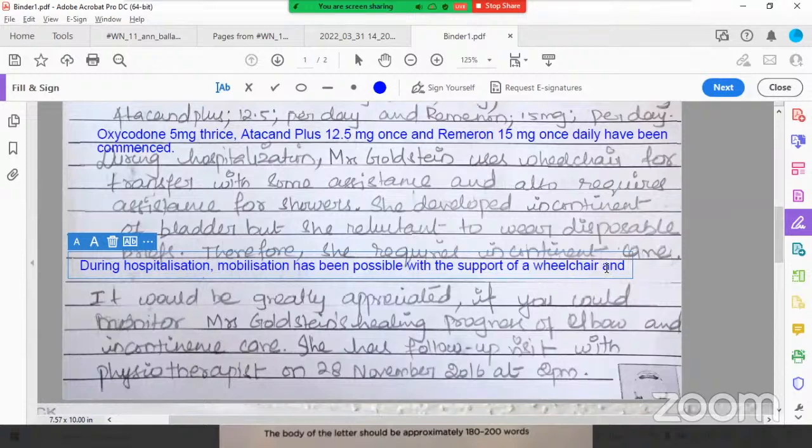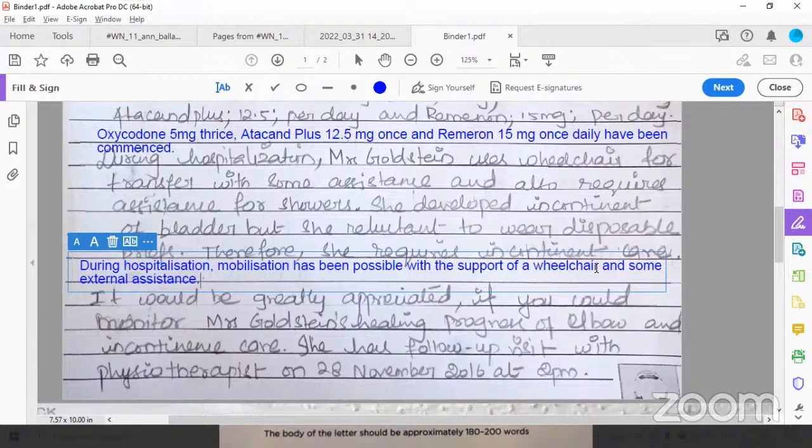Okay, mobilization has been possible with the support of a wheelchair and some external assistance. Okay, fine.